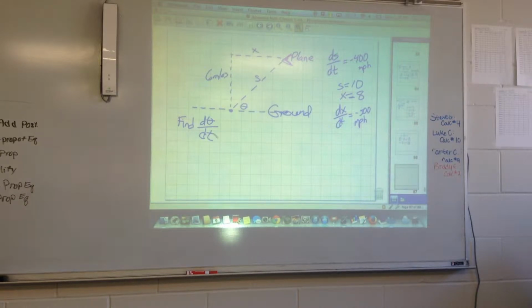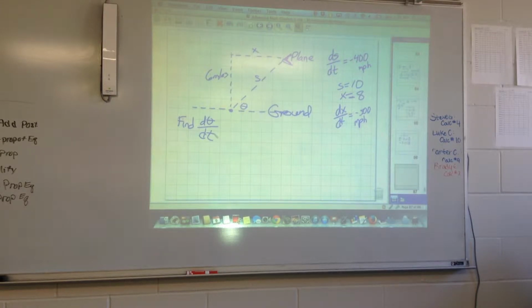So we probably need to write some sort of an equation that involves theta. What might we do? How would theta end up being in that Pythagorean theorem? It's a 90-degree angle from the ground.